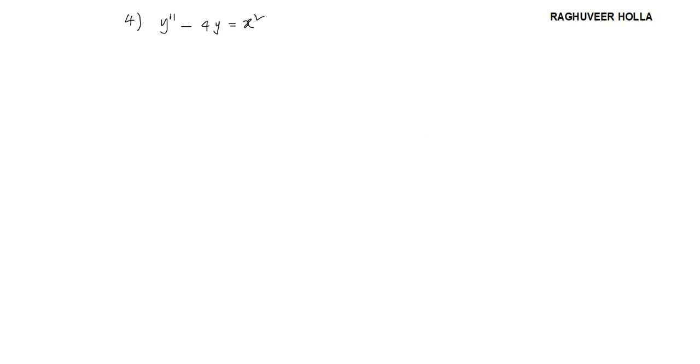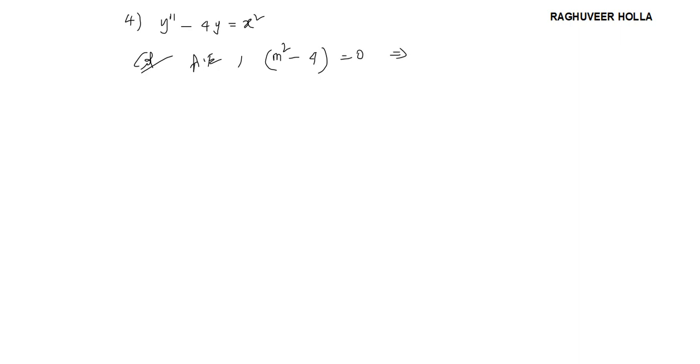Now this is again a second order differential equation, which is non-homogeneous. Let us write down the auxiliary equation corresponding to this. It would be m square minus 4, which is equal to 0.